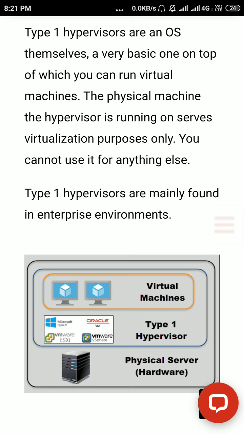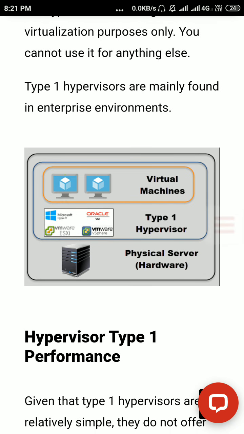Okay, so here is the architecture of a hypervisor type 1, how it is installed on your physical hardware server. Okay, and then you will create many virtual machines on top of the type 1 hypervisor software.